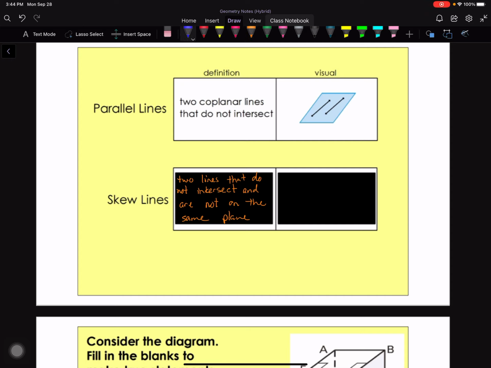So this is going to be a wild drawing here, but let's say we have a plane here. We have some line going through the plane, or on the plane. We have a second plane down below, so it's kind of like the floor and the ceiling. We have a line running along the ceiling. We have a line running along the floor. They're never going to meet because they're on different planes.